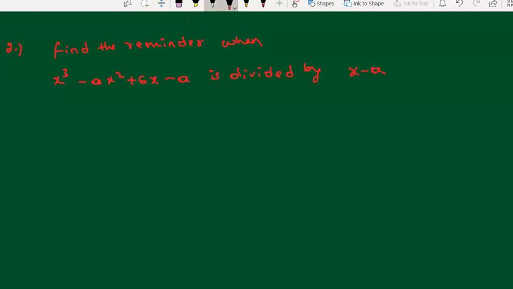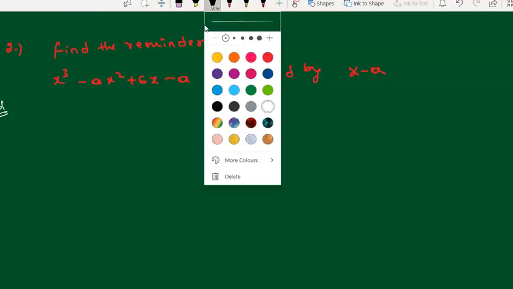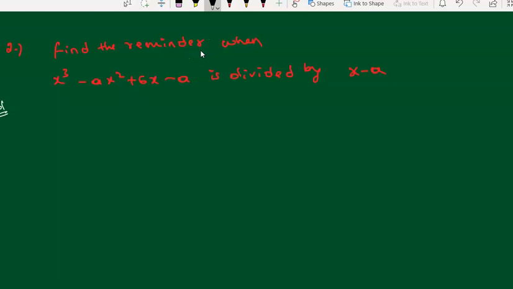Here you have to find out the value of a. Same thing. So given polynomial, here the solution. Given polynomial is p of x is equal to x cube minus ax square plus 6x minus a, and the thing which is going to divide, linear, I'll name it as g of x is equal to x minus a.